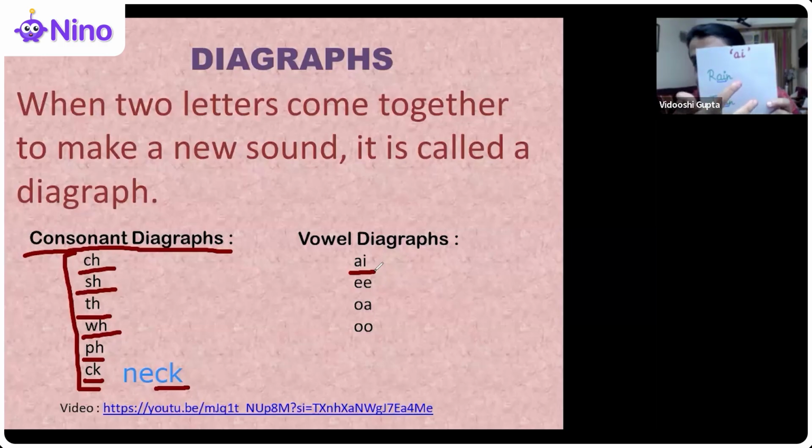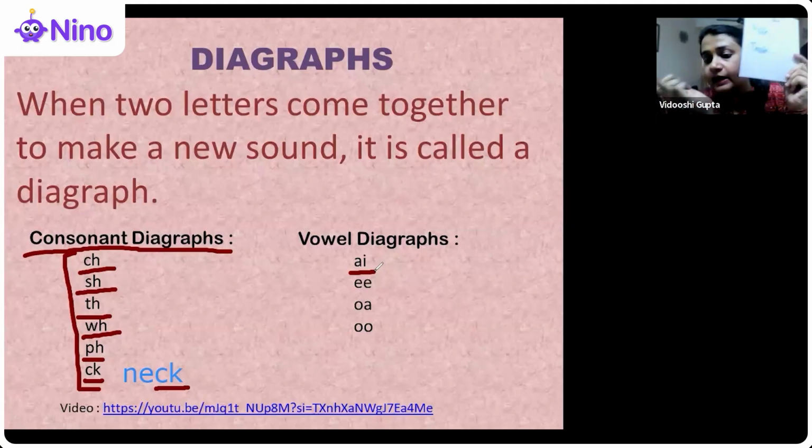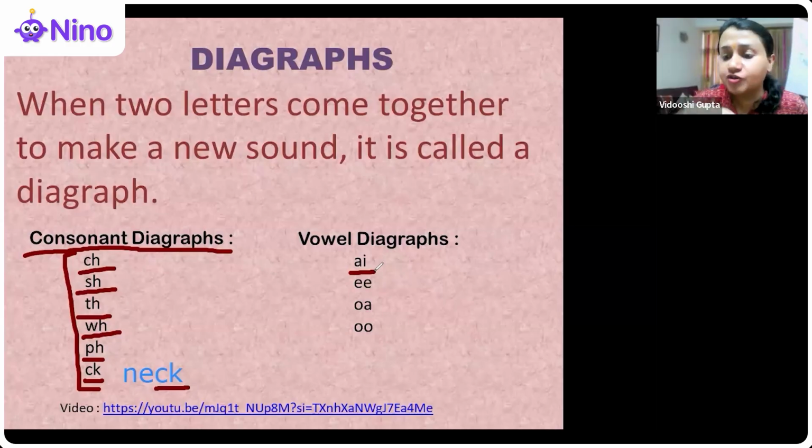And the sound for letter I is I, igloo. But when they both come together in a word like train, they make a new sound, that is called A.